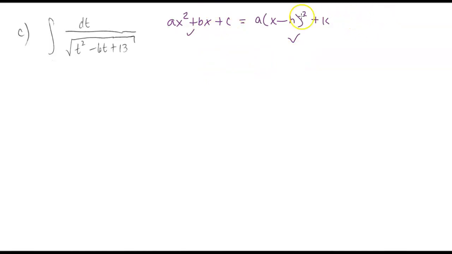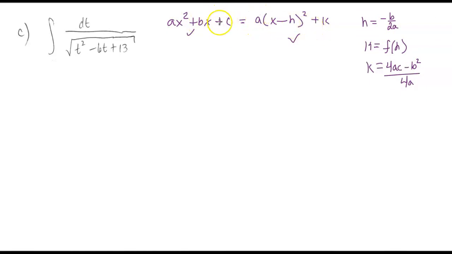Your h is just going to be negative b over 2a, and your k is just going to be f of whatever h is, or you could write it another way, 4ac minus b squared all over 4a. If you just pick what a, b, and c are and plug them into these formulas, you'll get exactly what it's going to be here.